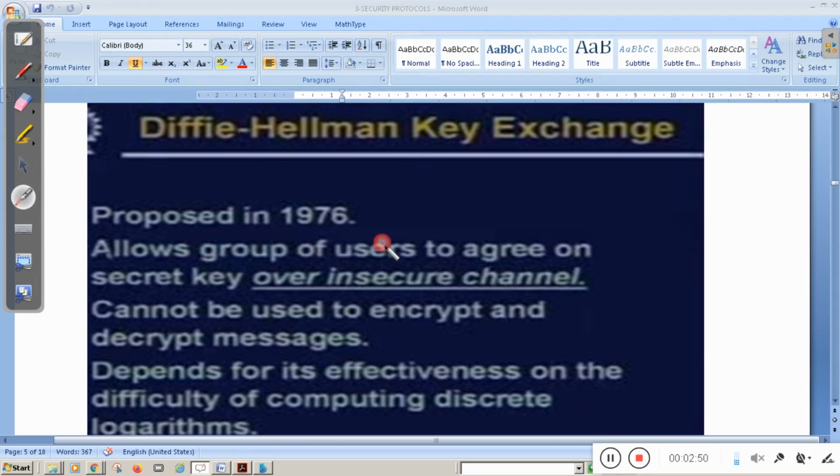It allows a group of users to agree on a secret key over an insecure channel, and it cannot be used to encrypt and decrypt messages. Its effectiveness depends on the difficulty of computing the discrete logarithmic problem, so the technique is robust to a certain extent: a hacker will not be able to compute the key.